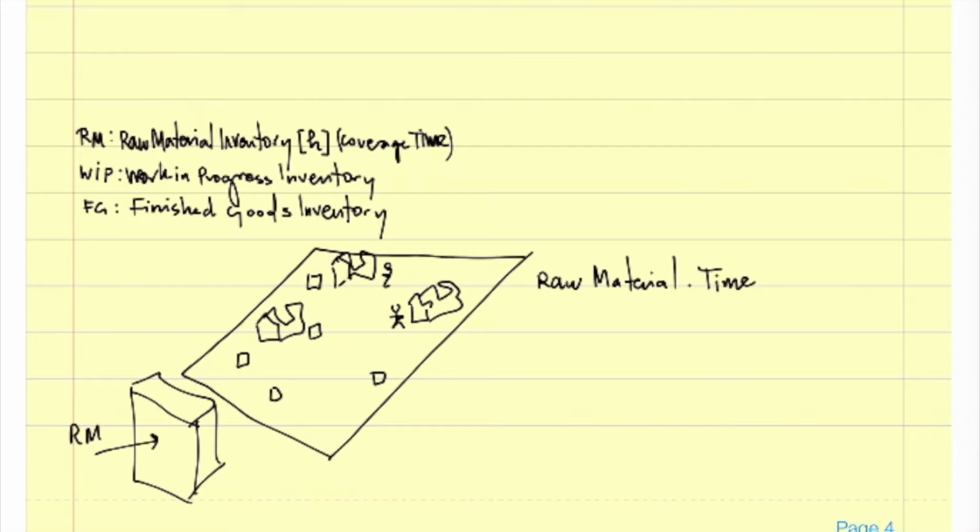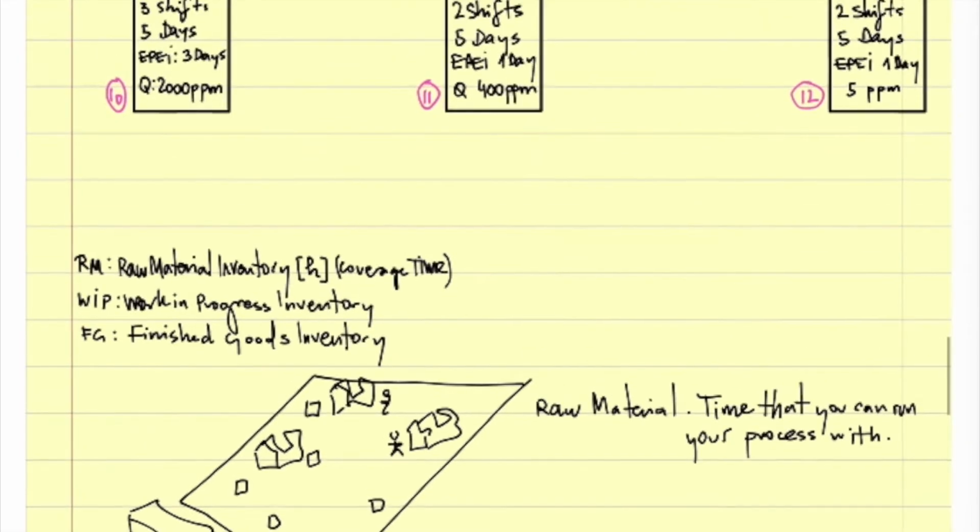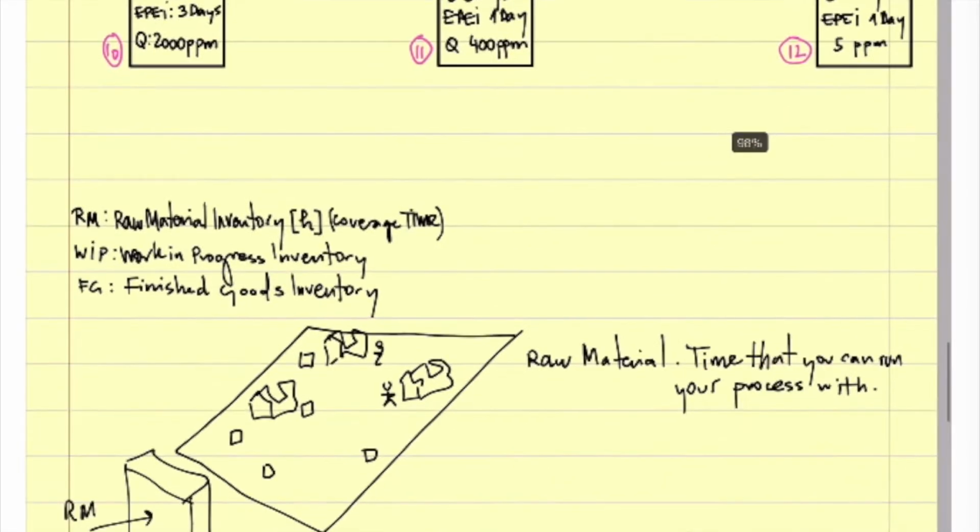When the material is gone, then you cannot run your facility. So it's the time that you can run your process with.